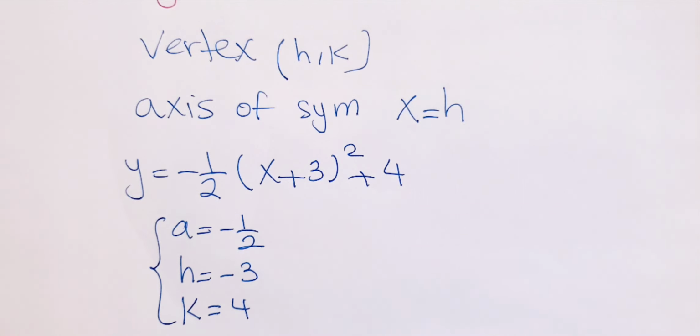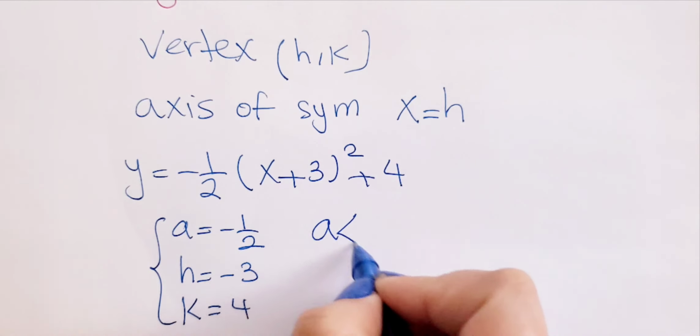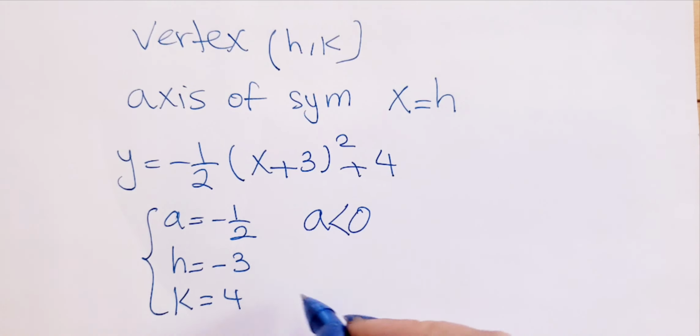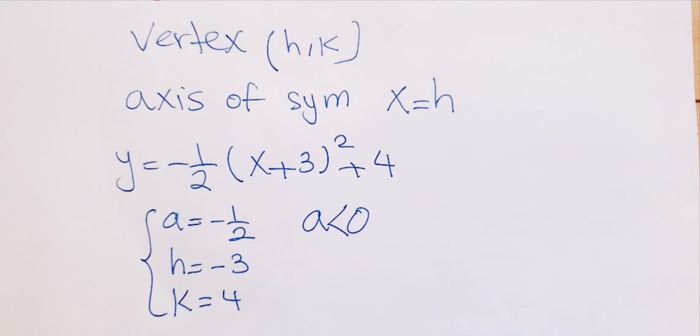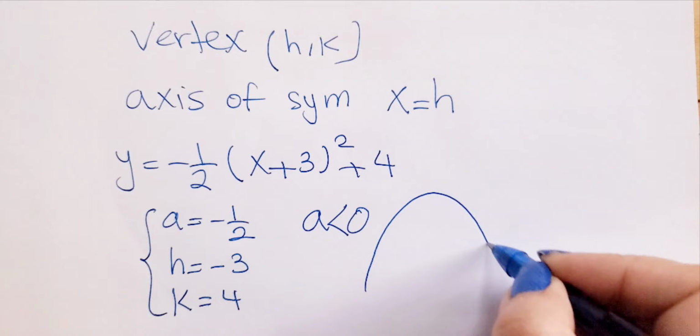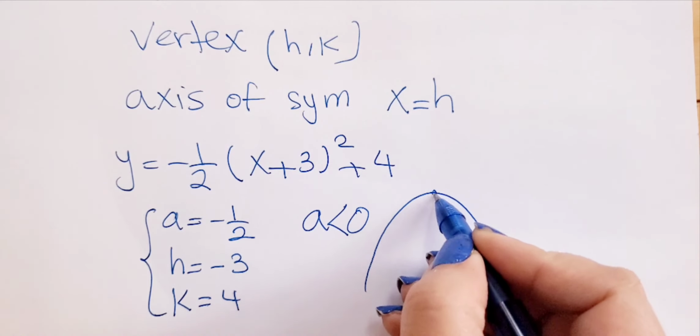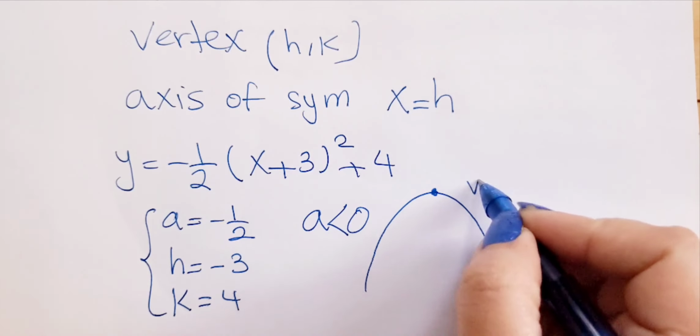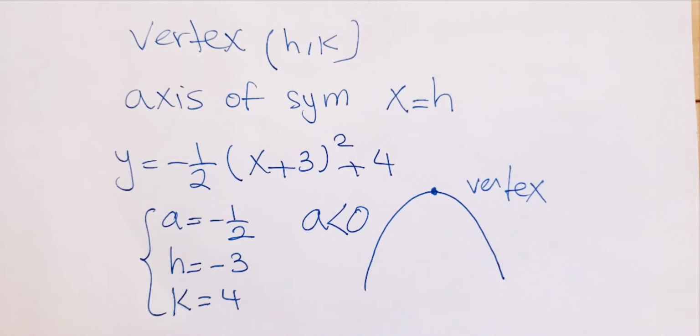And remember, a is the coefficient of x to the power 2. So here a is less than 0, so we definitely know that the parabola will open down. So it would be a downward U shape, and the vertex would be the maximum or the highest point.